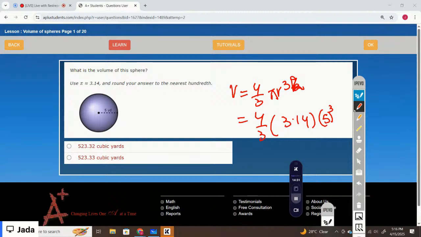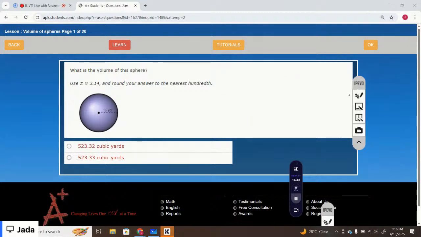That is 125 times 3.14 times 4, 1570 divided by 3, that is 523.33. Option number 2 is the correct option.